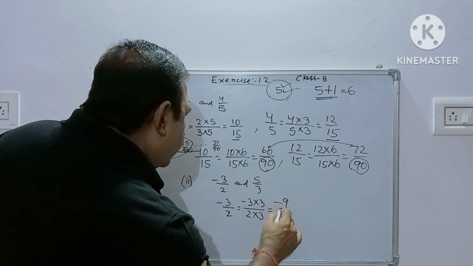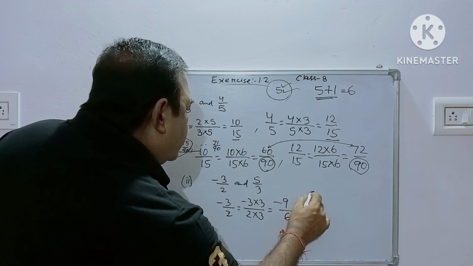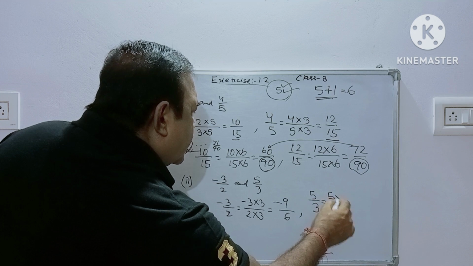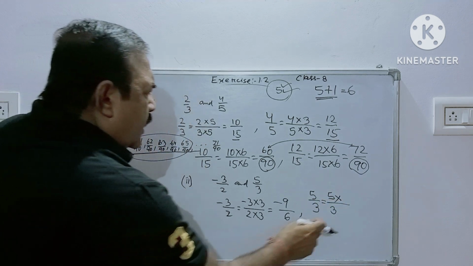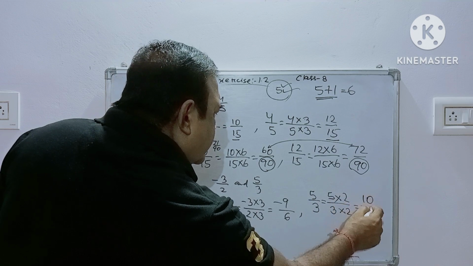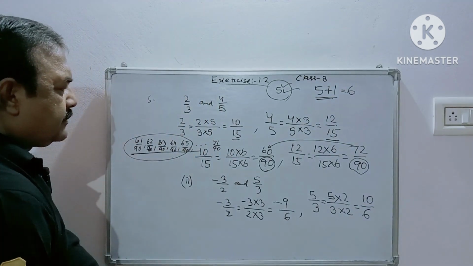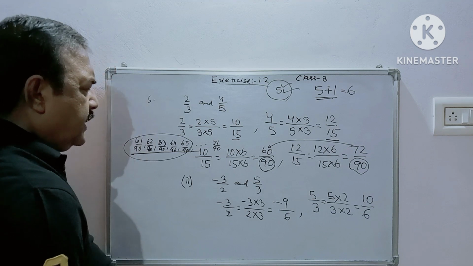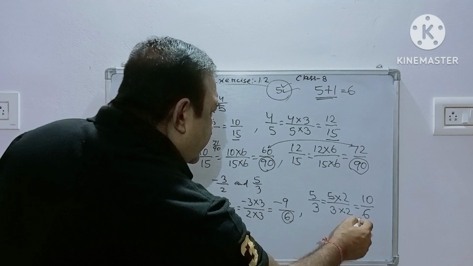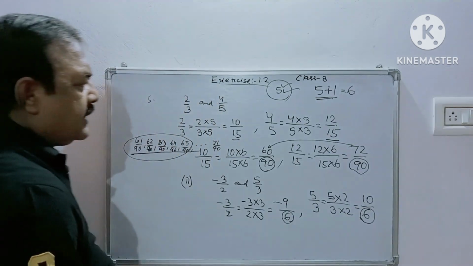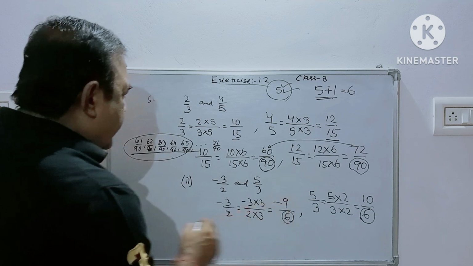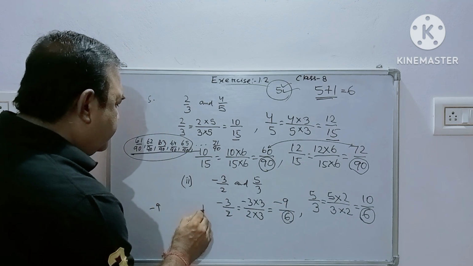That is equal to minus 9 upon 6. Then 5 upon 3. What will you do here? You write 5 upon 3, the denominator will be 6, so you multiply by 2. That is 10 upon 6. So you see, here it is 6, here it is 6. The denominator is the same. Now we will see, we have to move from minus 9 to 10.